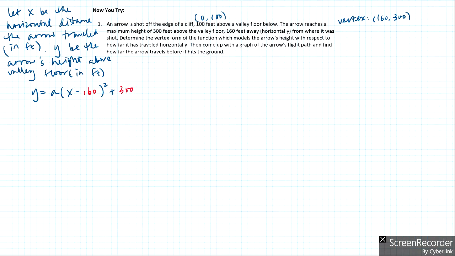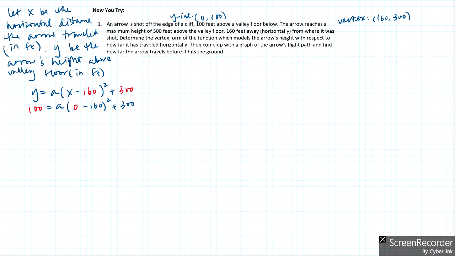Then in order to find a, we want to use the point (0, 100), our y-intercept, to find what exactly our a value is. So we can plug 100 into y. While we don't know a, we know at that point x is 0, so 100 equals a times (0 minus 160) squared plus 300.